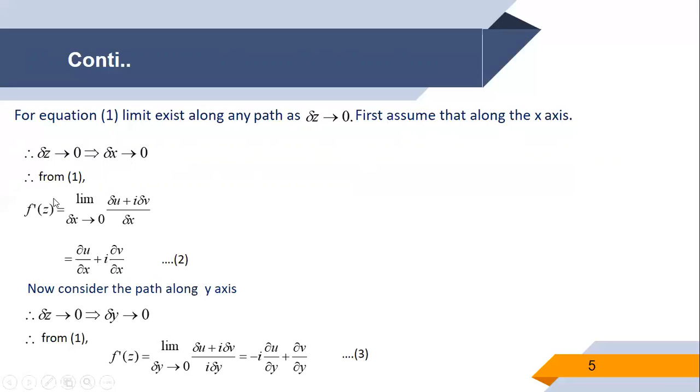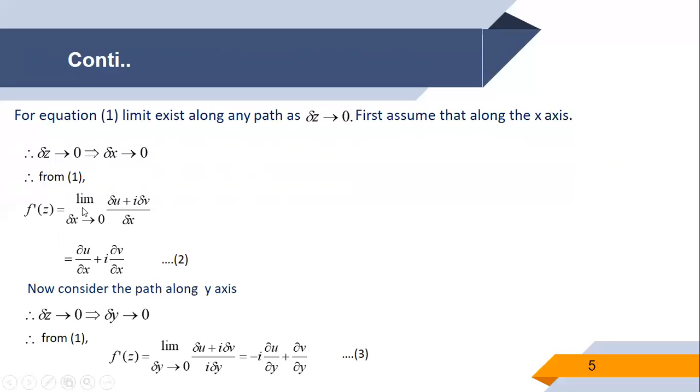So we write f dash z is equal to limit delta x tends to 0, delta u plus i delta v upon delta x, because delta z is equal to delta x plus i delta y, and along the x-axis delta y is 0.